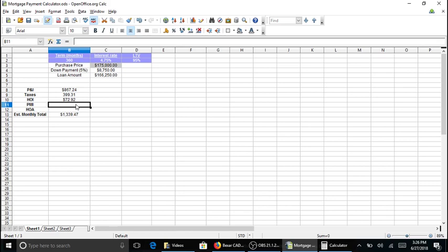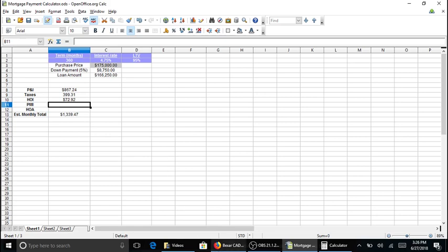For conventional financing, it's not going to be for the life of the loan, but this monthly amount that you're paying does not go towards paying down the loan amount. So if you want to get into a home and you don't have 20% down, you're going to expect to pay private mortgage insurance on a conventional loan.